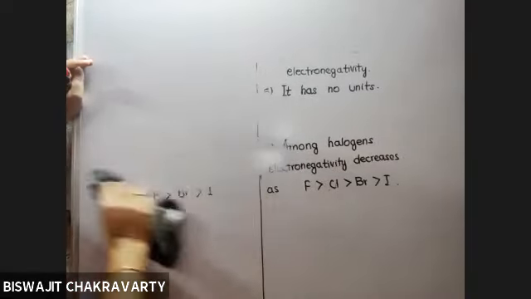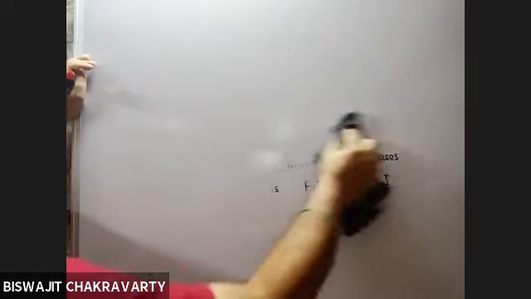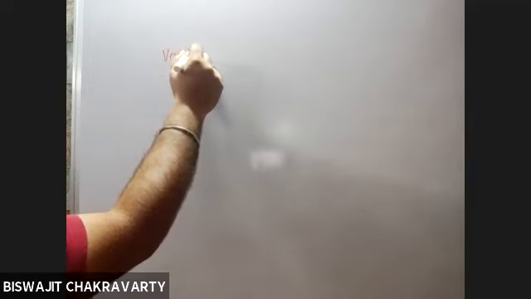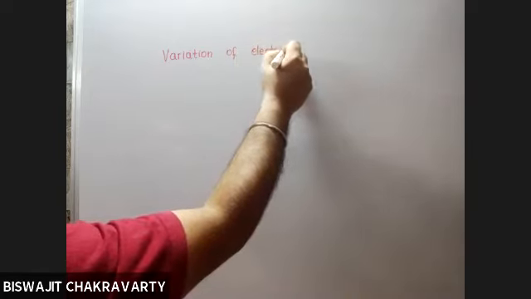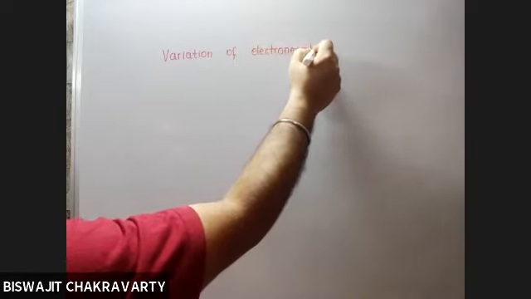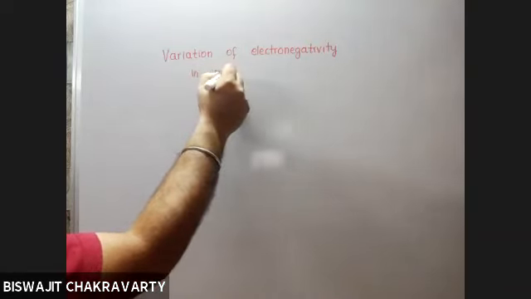So just as after discussion of every property, we used to apply it in the periodic table, in a similar way it's very easy to understand the trend or variation of electronegativity in the periodic table.